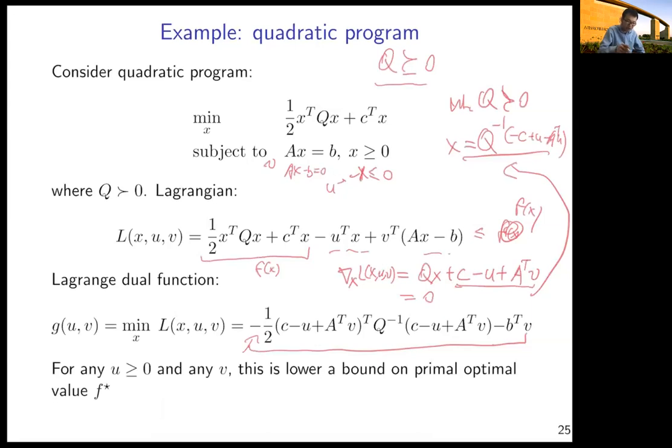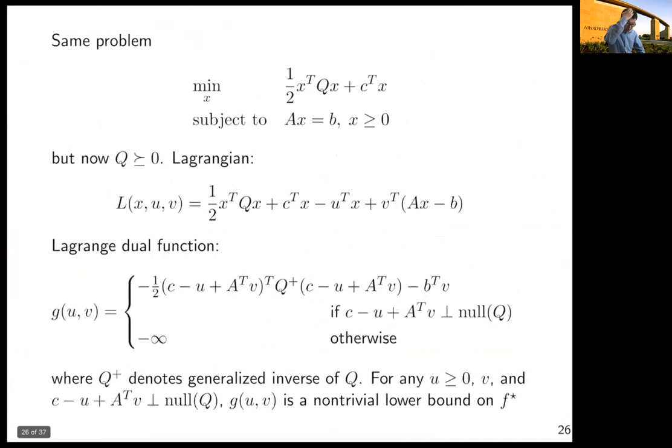So let's continue with the discussion of what if Q is not necessarily strictly positive definite. So in this case, we need to discuss whether this vector is perpendicular to the null space of Q, or whether this is inside the null space.